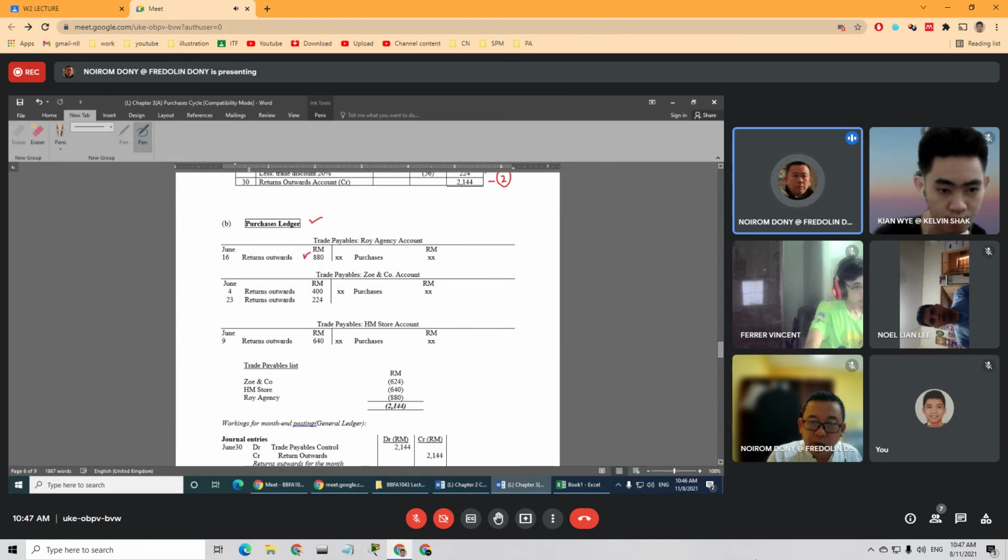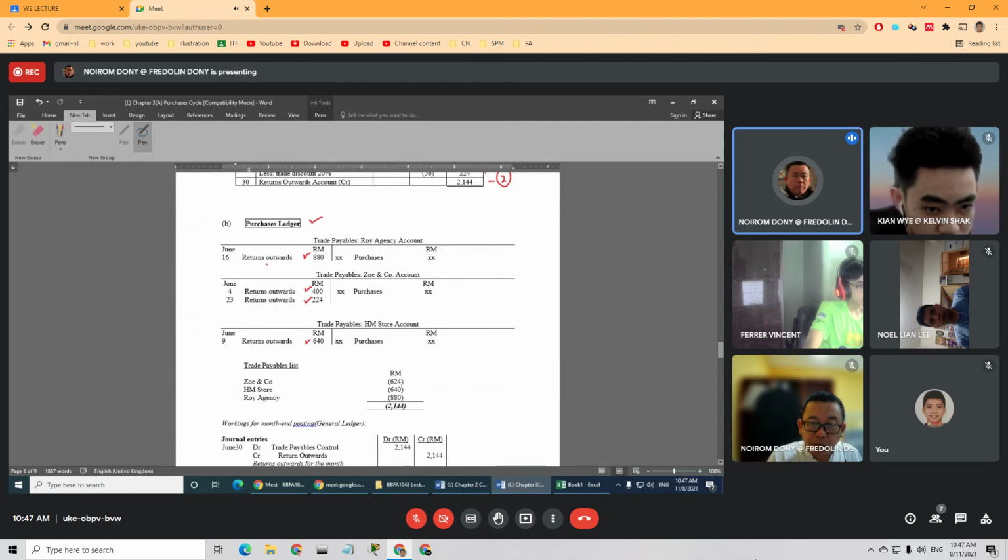So we debit 880, we debit 400, okay, we debit 640 after the trade discount. And then the last one is on the 23rd, return the goods, record 224. So reduces, so that explains why this is being debited.